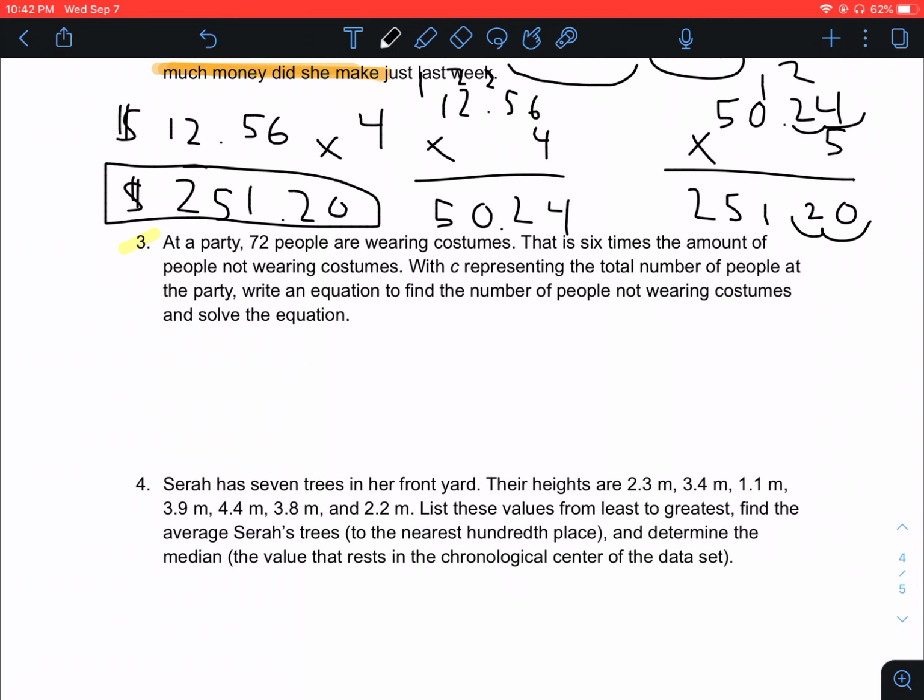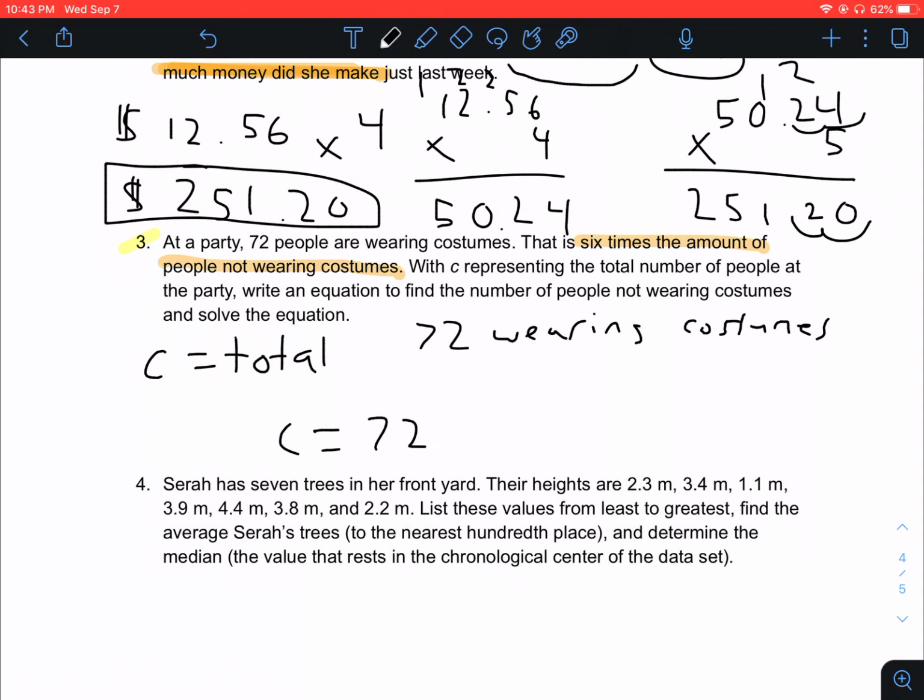So I can say that C is the total people, but there are 72 wearing costumes. But it does say that is 6 times the amount of people not wearing costumes.